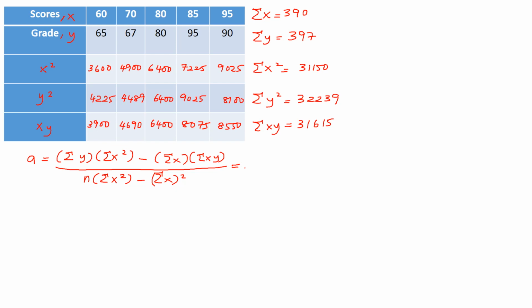The sum of y is 397 multiplied by the sum of x squared, 31150, minus the sum of x, 390, multiplied by the sum of xy, 31615, divided by n, which is now 5, times the sum of x squared, 31150, minus the sum of x, 390, then squared.